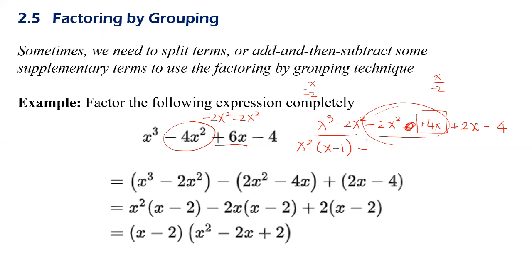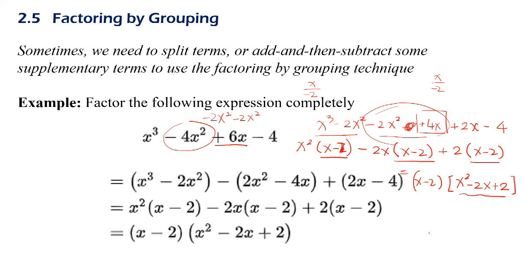And middle two terms, if you put x in front, what's left there is x minus 2, right? And the last two terms, GCF is 2, and what's left is x minus 2. Sorry, this is 2 here. There's a typo. And now you can see x minus 2 is a common factor, which can be put in front, right? And what's left in the brackets is x squared minus 2x plus 2, right?